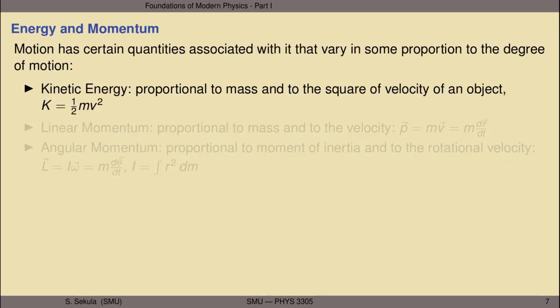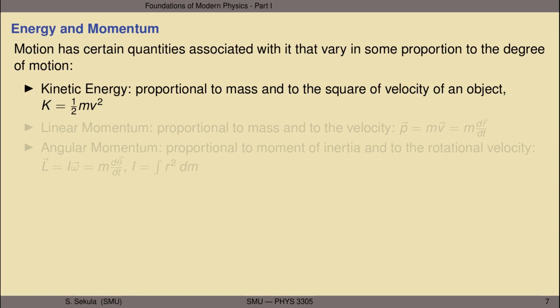Now, usually after learning about Newton's laws of motion, we then learn about quantities that are associated with motion. These are known as energy and momentum. What is common between these quantities is that they vary in some proportion to the degree of motion.